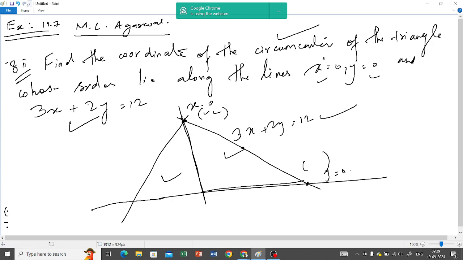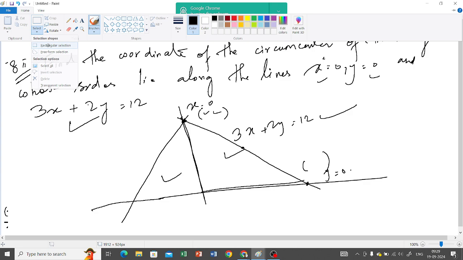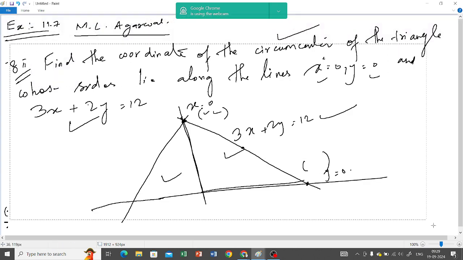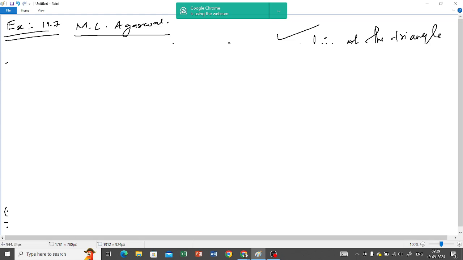Okay, now we'll come to this reducible to standard forms. Reduce the following equations into normal forms. Find their perpendicular distance from the origin and angle between perpendicular and the positive direction of x-axis.